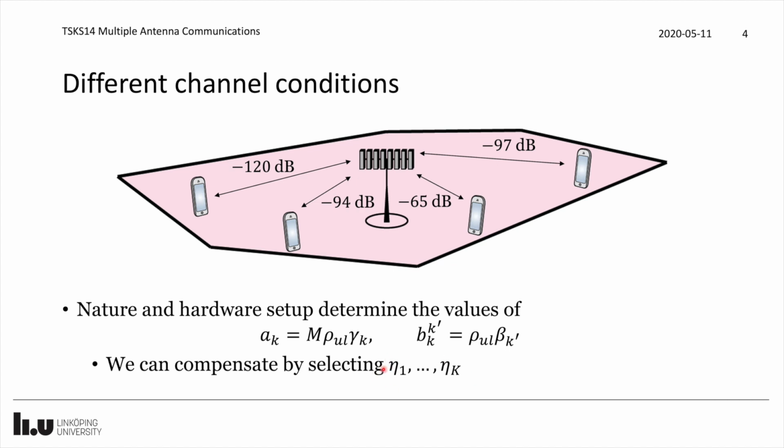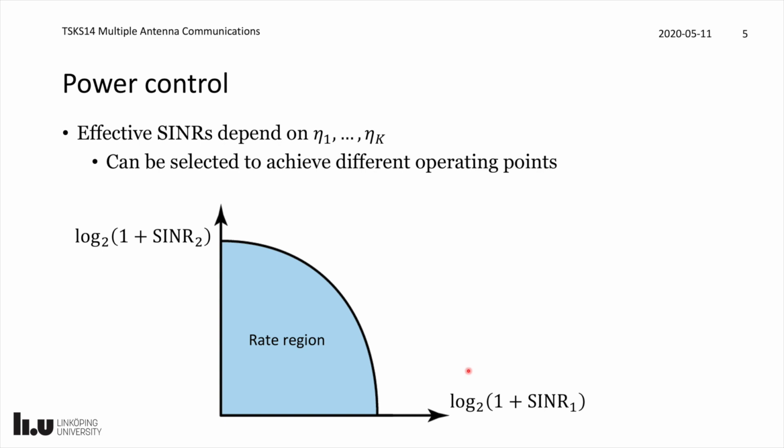So earlier in the course I was talking about this rate region, and we were talking about two different users, say user 1 and user 2. For user 1 we get log2(1 + SINR 1), and for user 2 we get log2(1 + SINR 2).